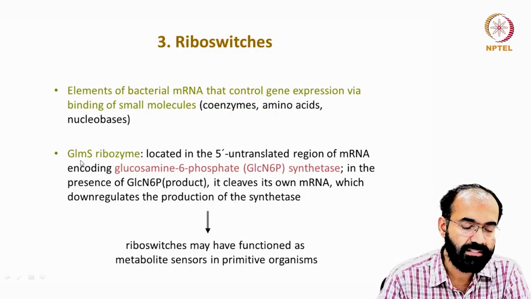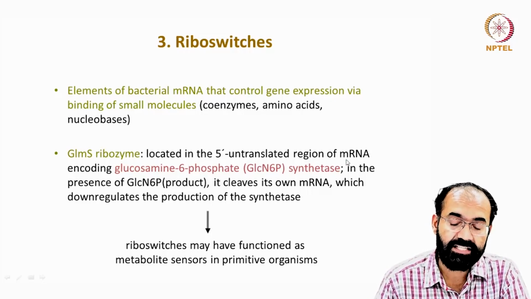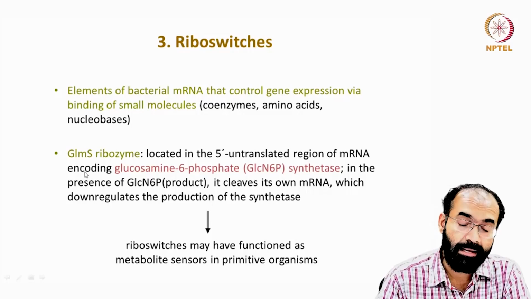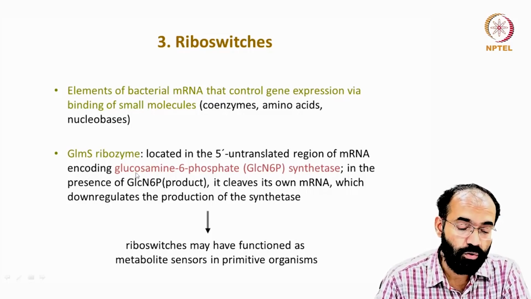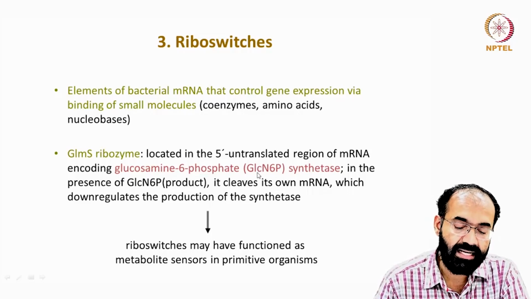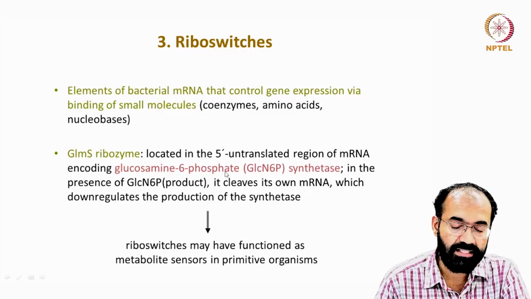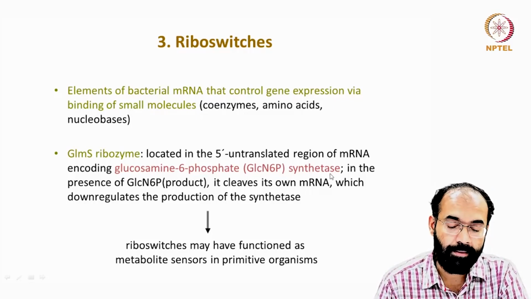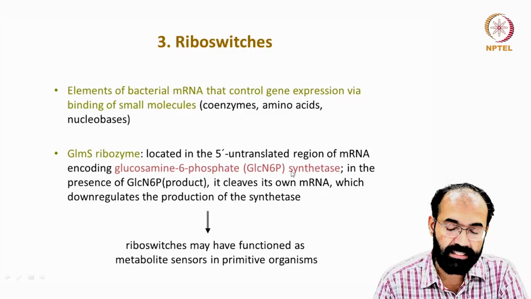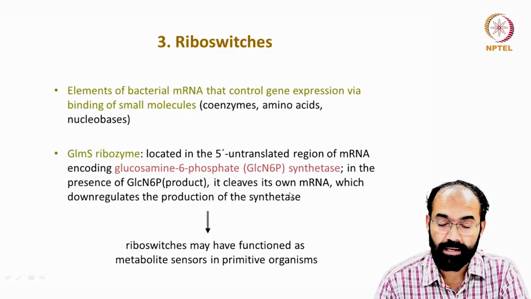One example is GLMS ribozyme, that is located in the 5' untranslated region of an mRNA. That mRNA codes for glucosamine 6-phosphate, abbreviated as GLCN6P synthetase. So glucosamine 6-phosphate synthetase is the enzyme whose 5' untranslated region has this GLMS ribozyme.